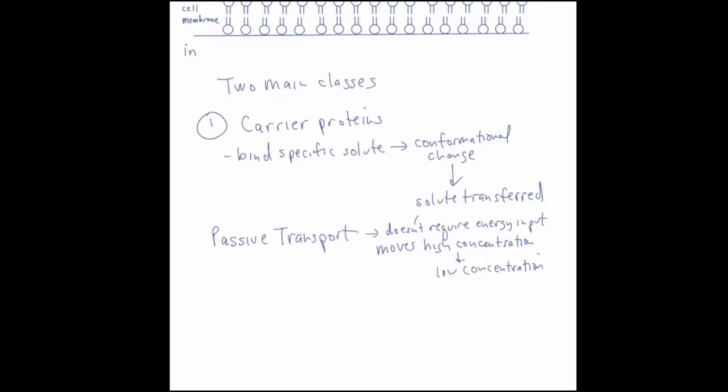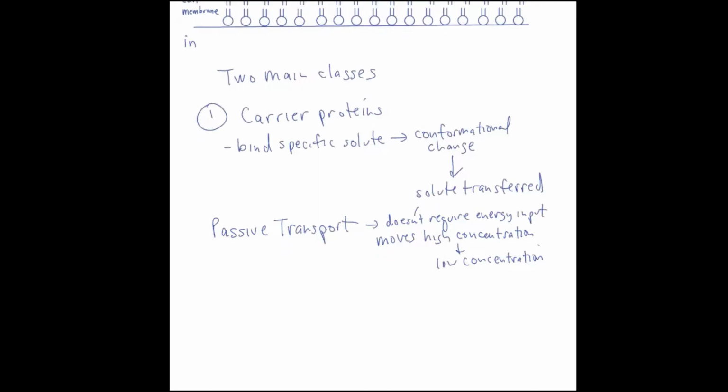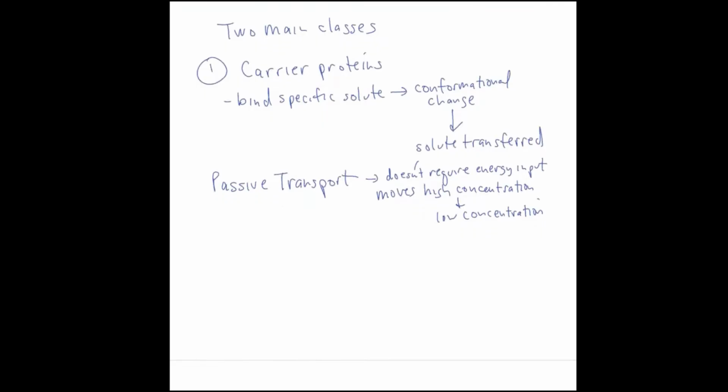In addition, when we're talking about charged molecules, these ions like sodium and potassium and bicarbonate and all those examples that we were discussing, there's also a consideration of the electrochemical gradient. The charge is going to have an effect too, and we'll talk about that later.